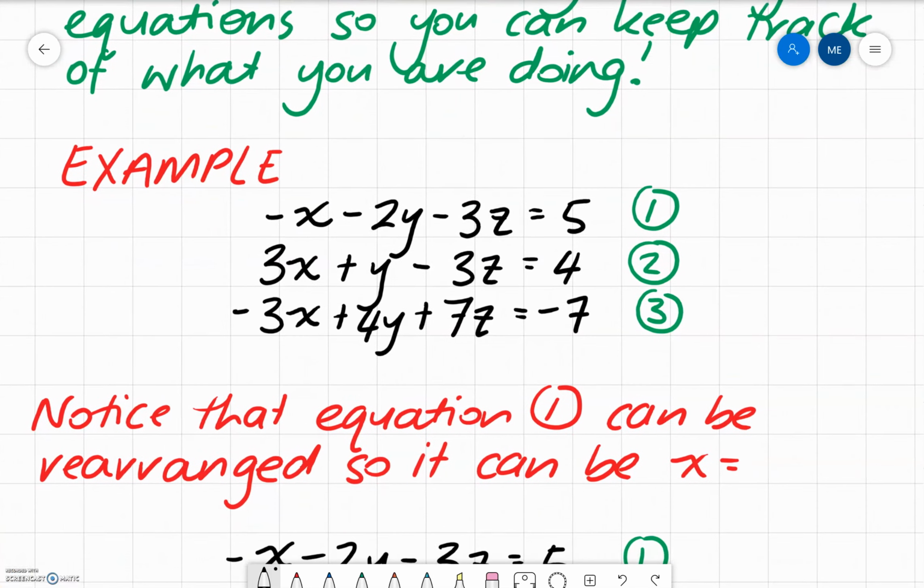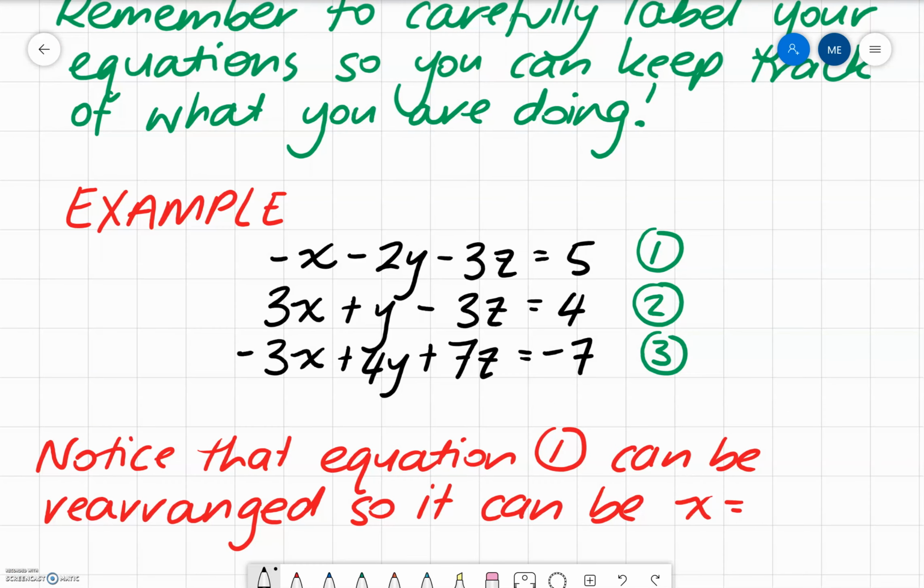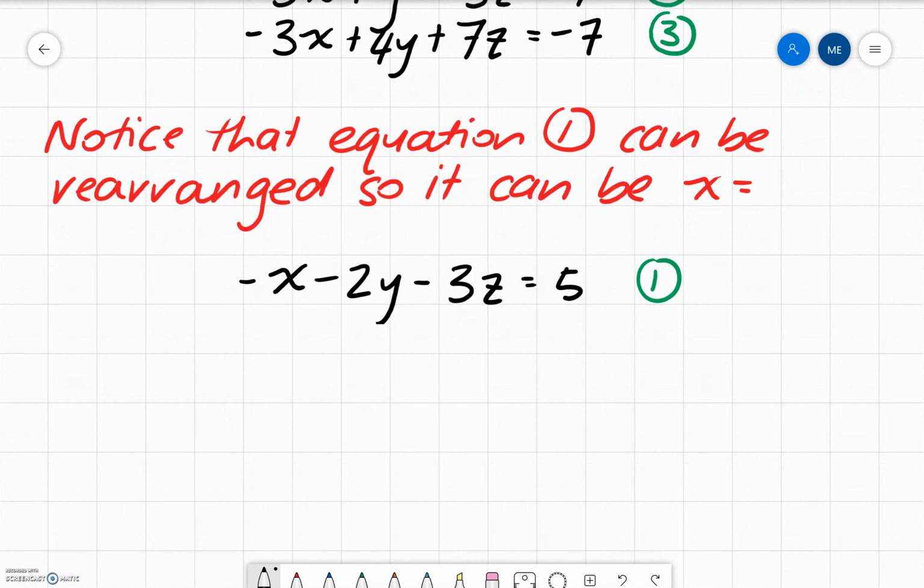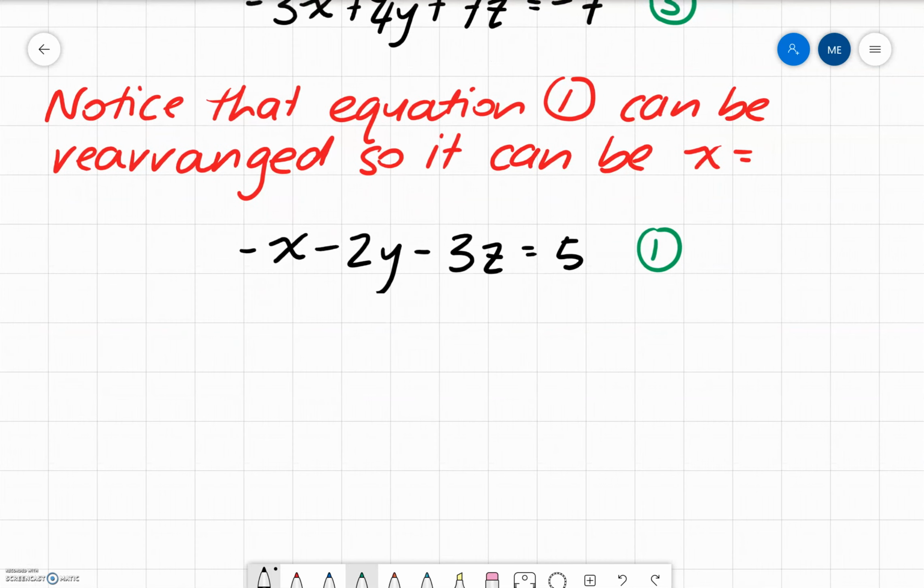So this example comes from the Walker book on page 13. We've got 3 equations, and I notice that I can take equation 1 and rearrange it to be x equals. So I'm going to do that by adding 2y to both sides and adding 3z to both sides.